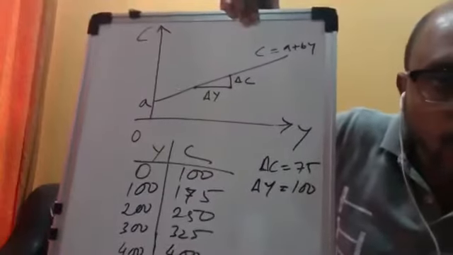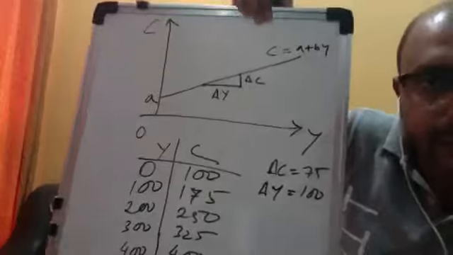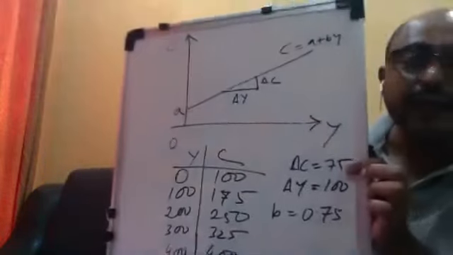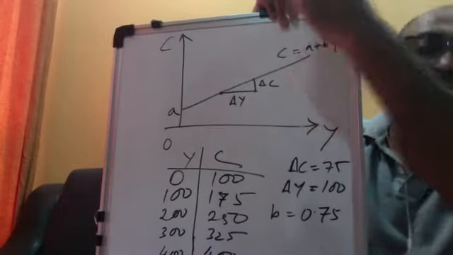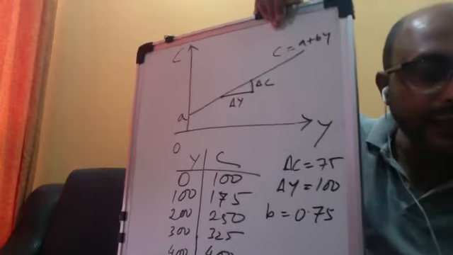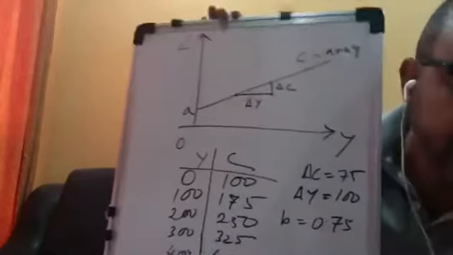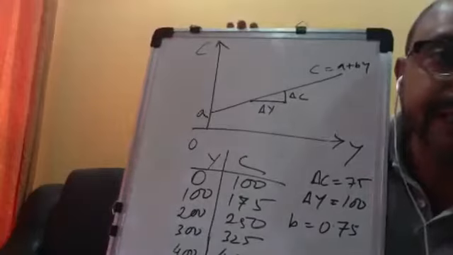Okay. So what is B? Delta C by delta Y. So it is 0.75. So B is coming here 0.75. This is MPC. That means every time income is increased by 1 rupee, the consumer increases consumption by 75 paise. I repeat, every time income increases by 1 rupee, the consumer increases consumption by 75 paise.